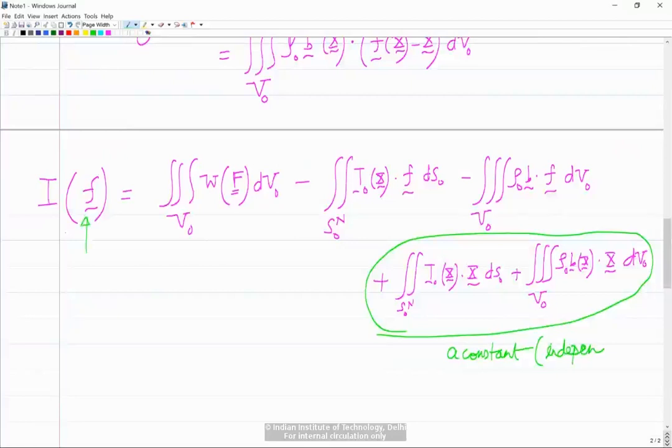So for that, you will change the configuration and find out for which this is minimum. So when you do that, this green box, it acts as a constant, right? It is independent of configuration. This does not change. So it is like a constant energy, and therefore this can be dropped from the total potential because it's a constant energy. It does not lead to anything when you do the minimization.